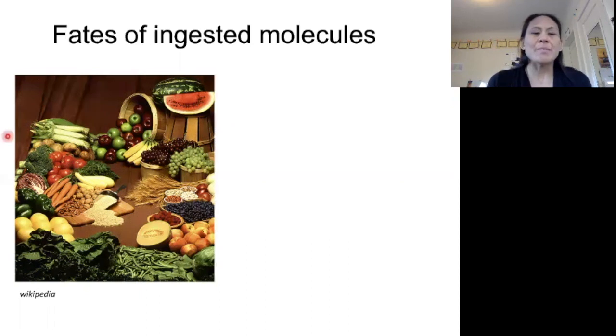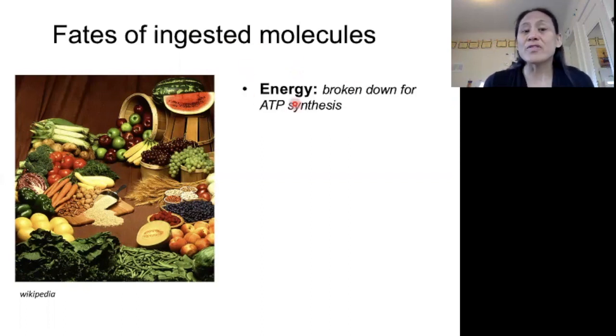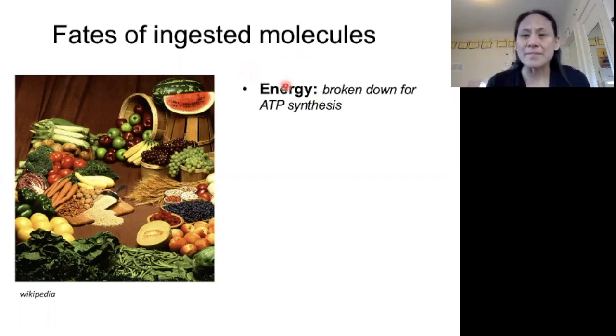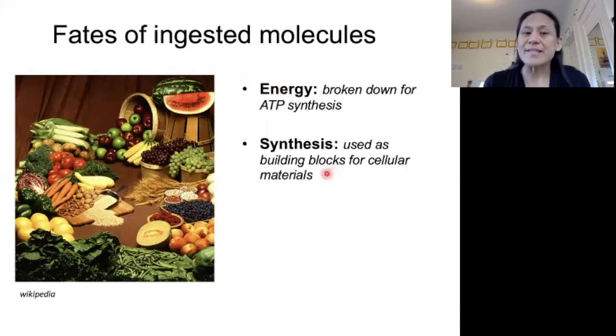Okay, so ingested molecules have three main fates after entering our bodies. The first is energy, right? We can take those molecules and break them down in order to synthesize ATP. Another fate is synthesis.